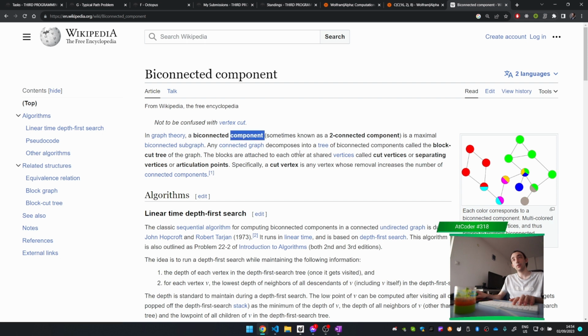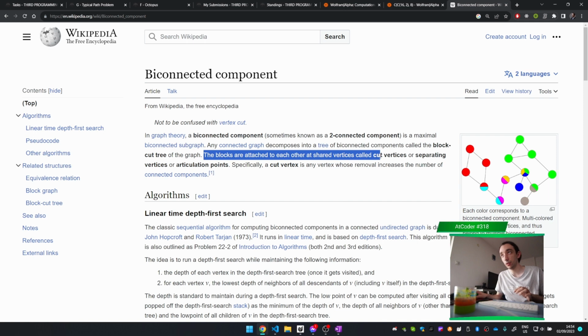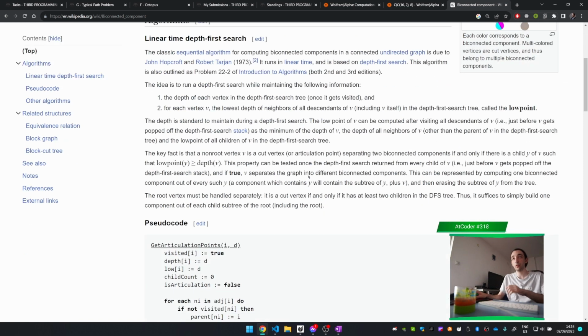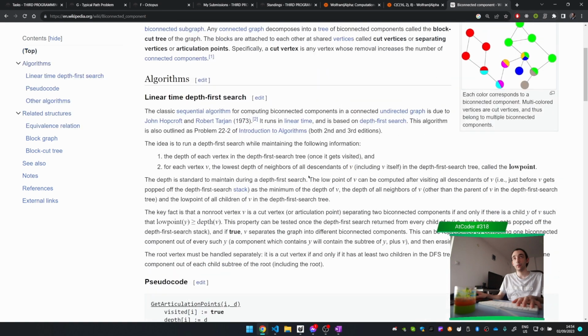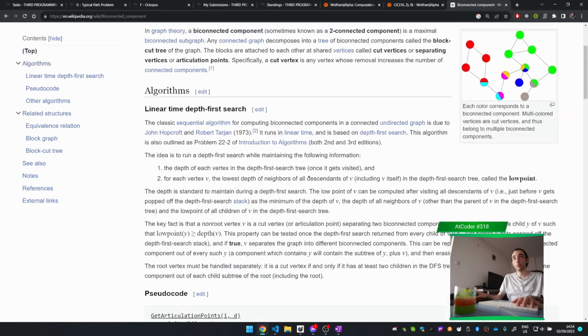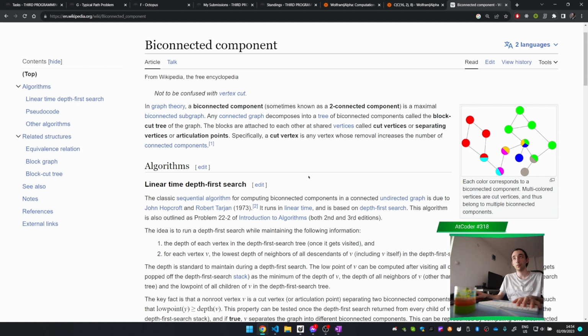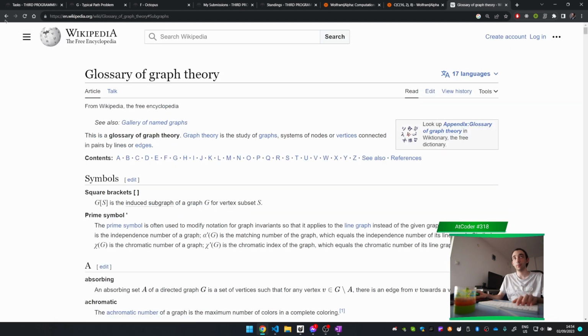So a biconnected component is a maximal biconnected subgraph. The blocks are attached to vertices and articulation points. Relevant structures, algorithm. Wait. Biconnected subgraph.